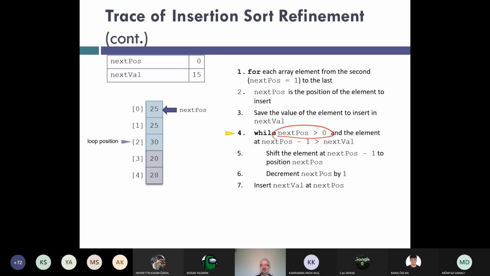It should be greater than 0, but it's not right now. So we get out of the loop and copy this 15 in its place, as you see. After these operations, the elements here are sorted, 15, 25, 30.